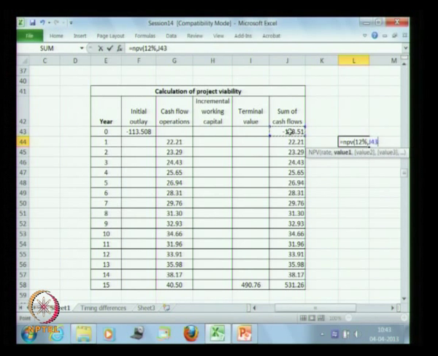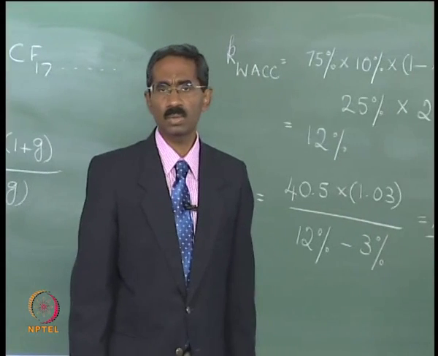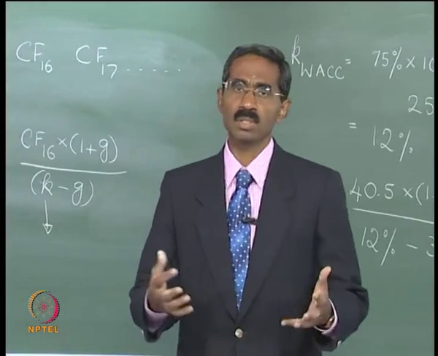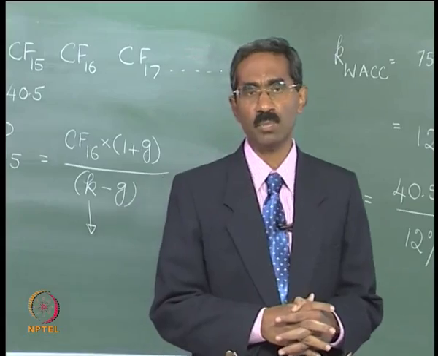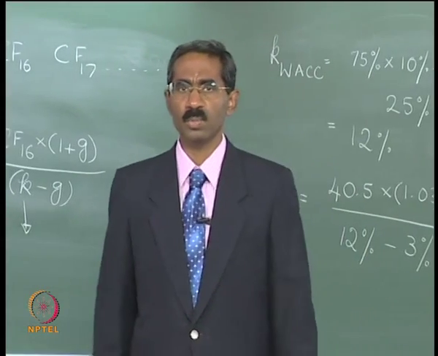This gives a net present value of 150.32. So this means that the project has a positive value, and the project is a worthwhile investment because the net present value is positive.